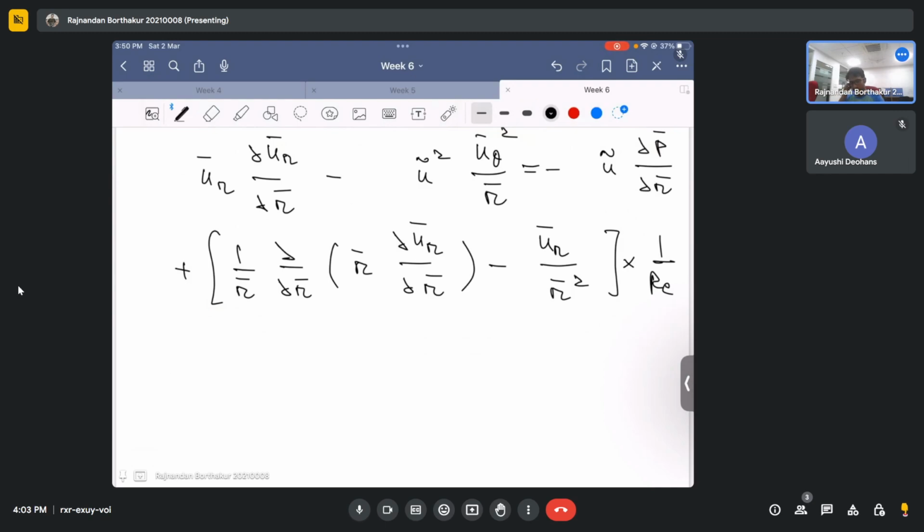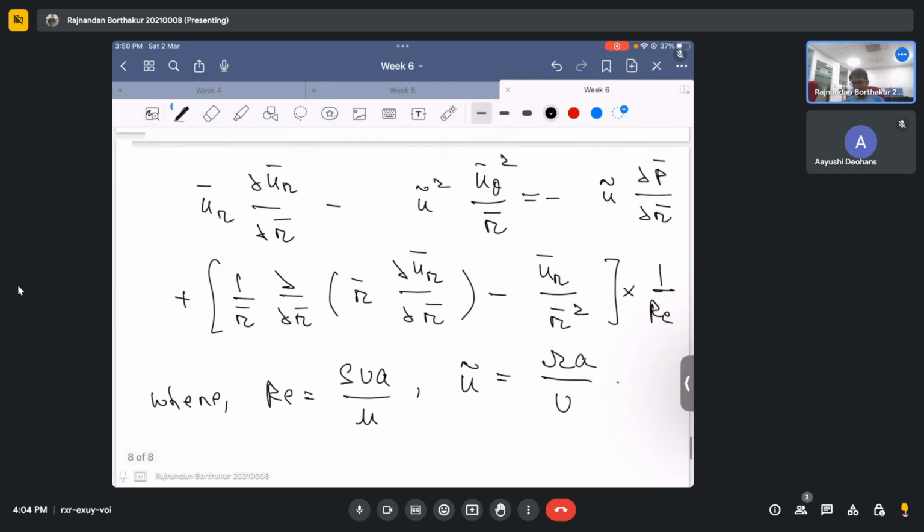Again I would emphasize that your Re, the Reynolds number, is rho U A by mu, and your u tilde is the ratio of the characteristic scale in the theta direction to the r direction, which is omega A by U.